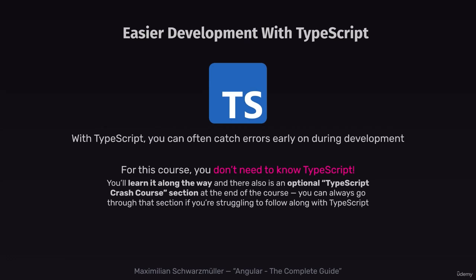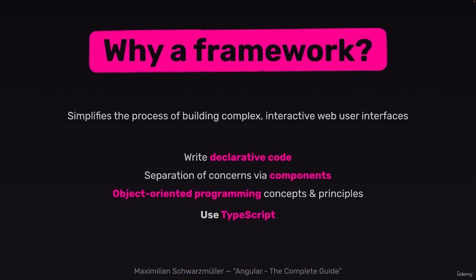With the usage of TypeScript, you can instead catch them early on during the development process, hence leading to better code quality and possibly fewer errors in your code. And that's why Angular does embrace TypeScript and why, as an Angular developer, you have to work with TypeScript. But as mentioned, that's not something to worry about. You'll learn it all step by step throughout this course as you're learning Angular.